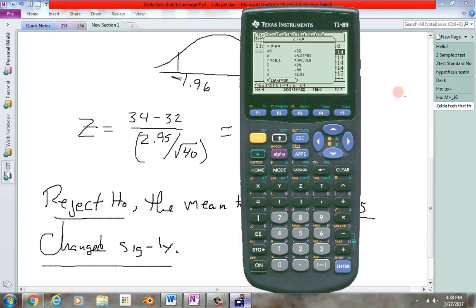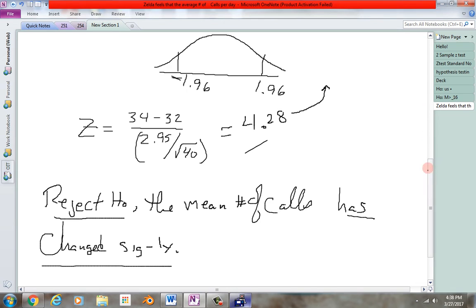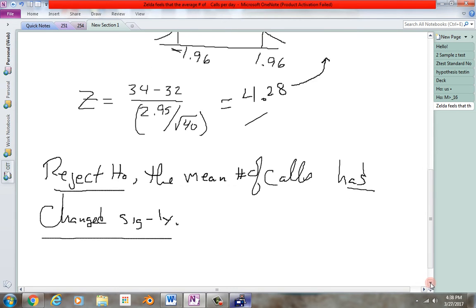0.000018. That's a p-value. Remember, what is a p-value? That should have been talked about in 243 when they first introduced hypothesis testing.